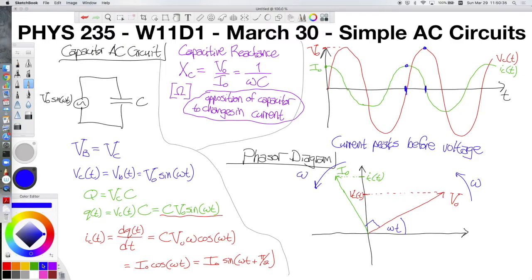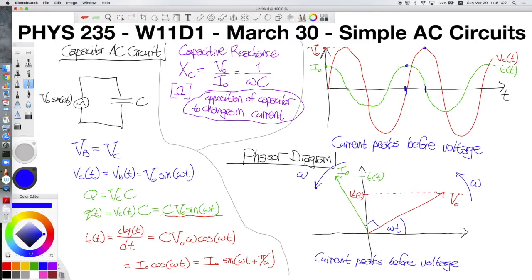So again, even on the phasor diagram, we will see that the current peaks before the voltage. Just one more reminder here: each vector is the maximum value of that quantity. The maximum value of the voltage across the capacitor, the maximum value of the current in the capacitor, also the current in the whole circuit.